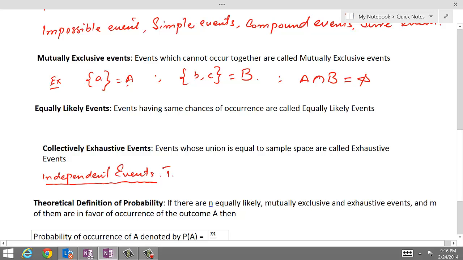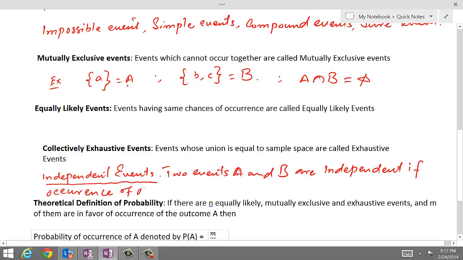So two events A and B are independent if the occurrence of A does not depend upon the occurrence of B. And if they are not independent, then they can be dependent events.